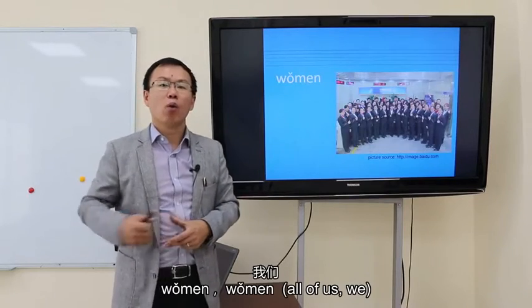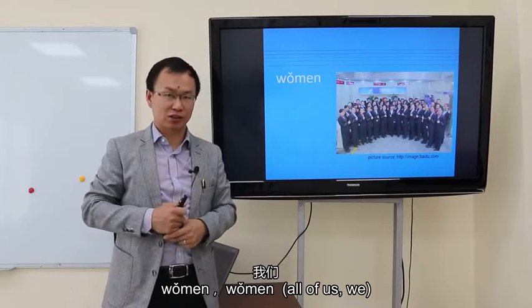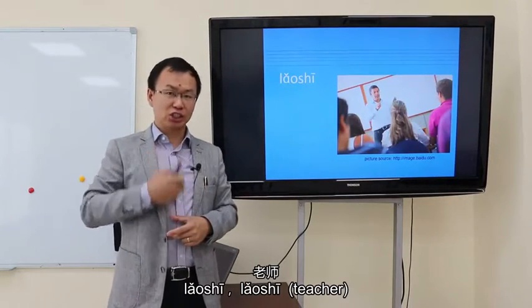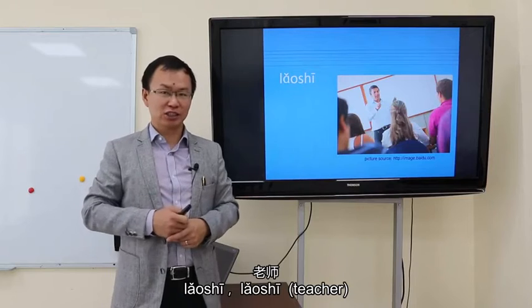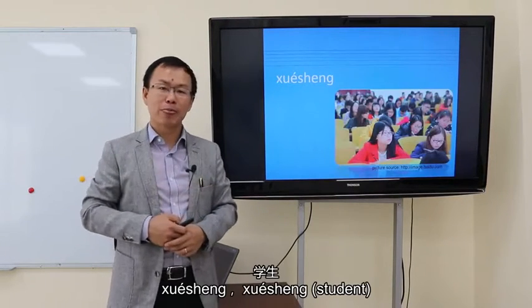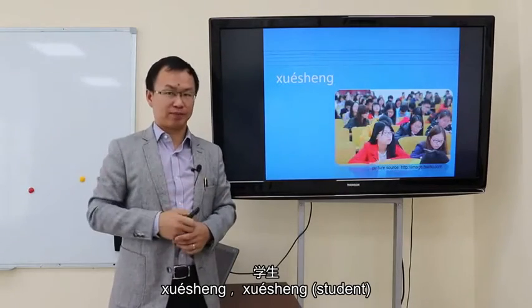Next one, 我们. 我们 means all of us, we. Next one, 老师. 老师, teacher. Next one, 学生. 学生, student.